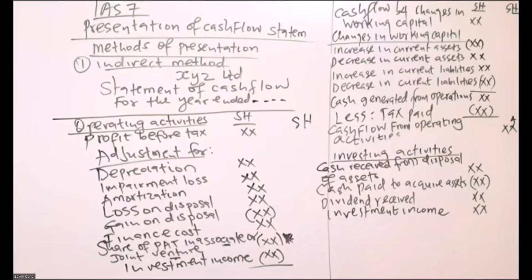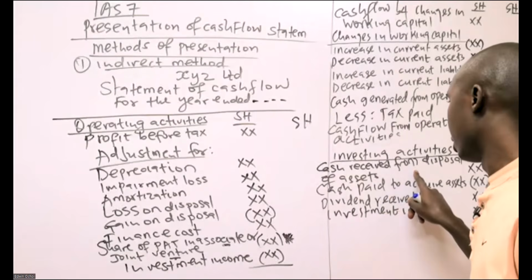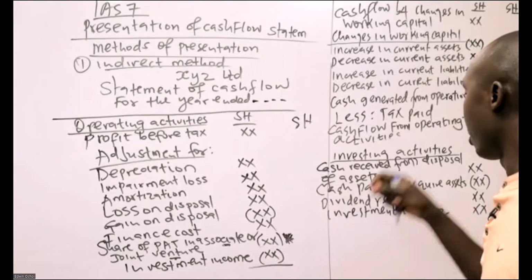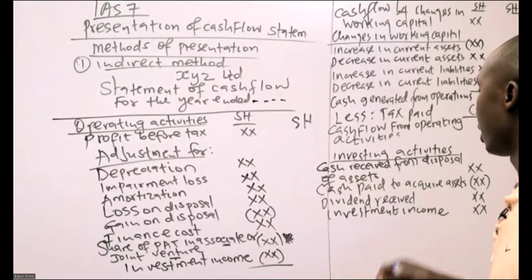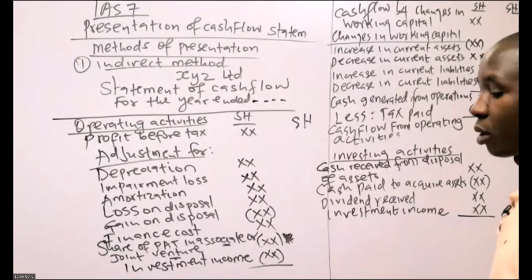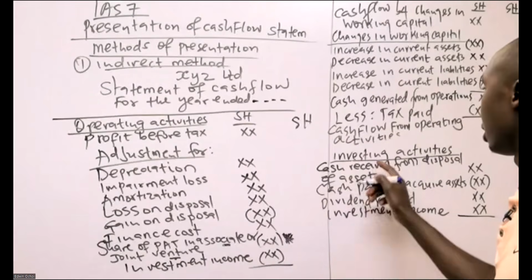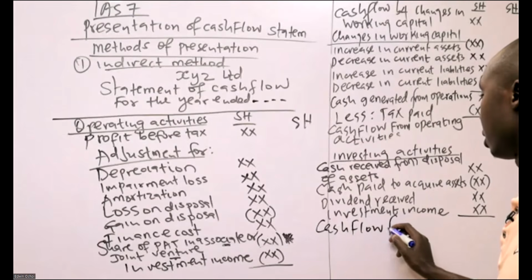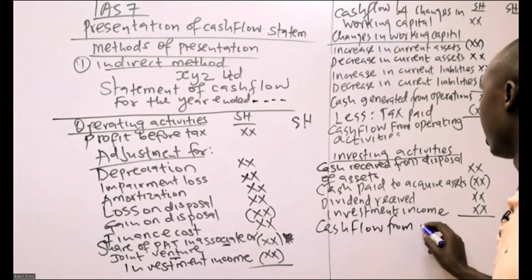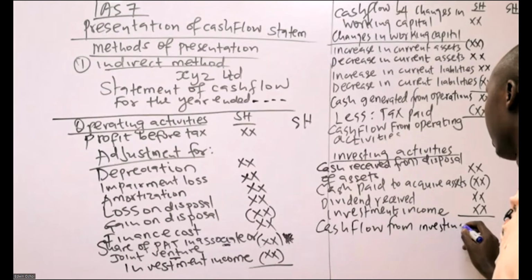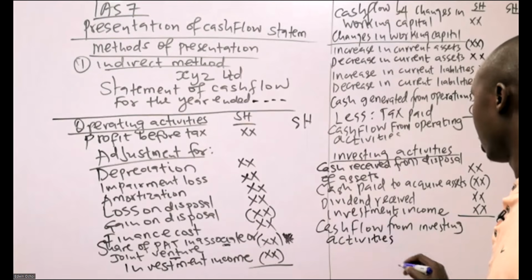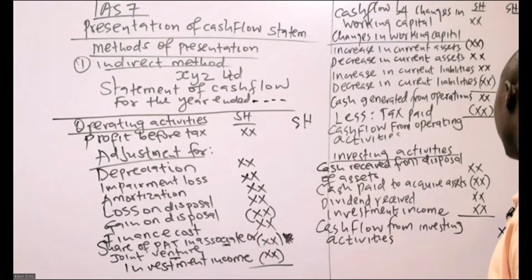So those are the 4 items to consider here: the cash you receive from the disposal of assets, what you pay for the acquisition of assets, dividend received, and investment income. So up to that point, we are done with investing. So you say cash flow from investing activities. So that is your B.